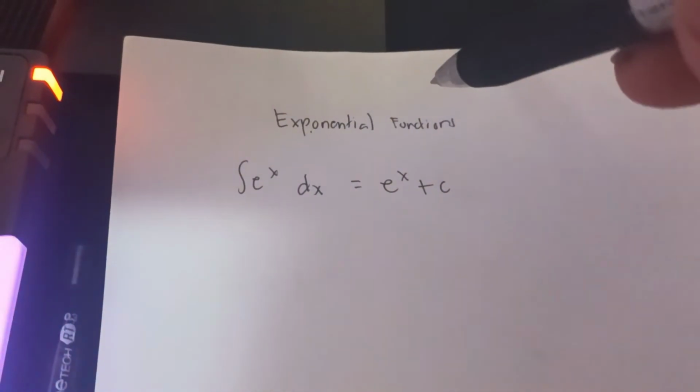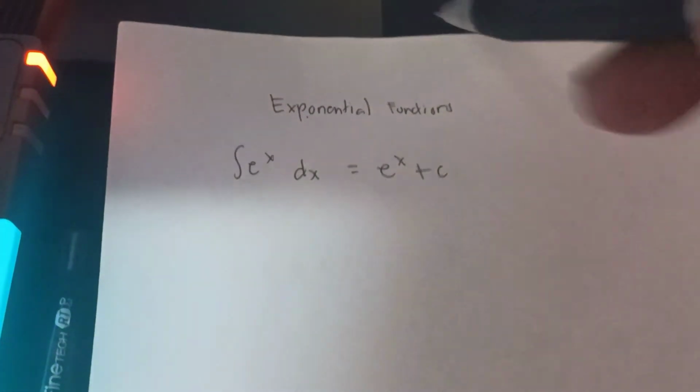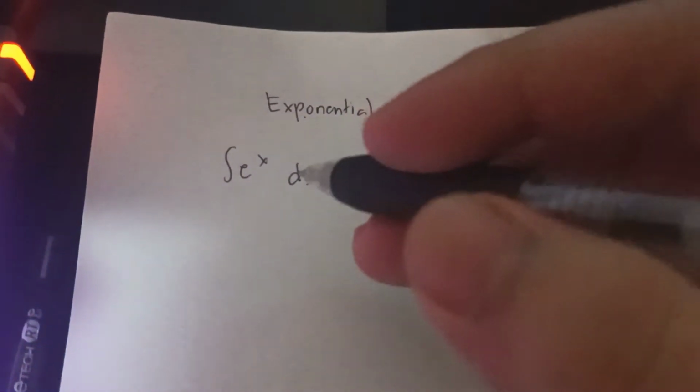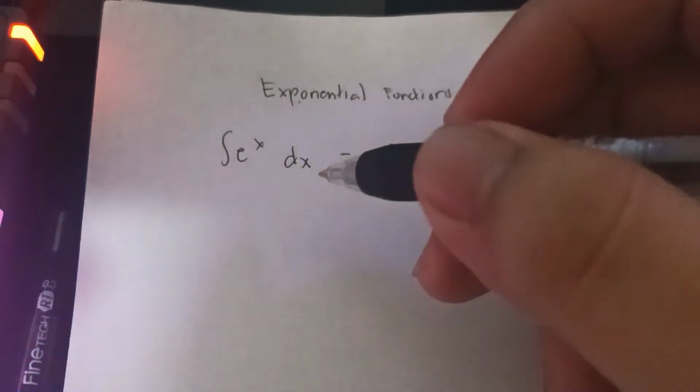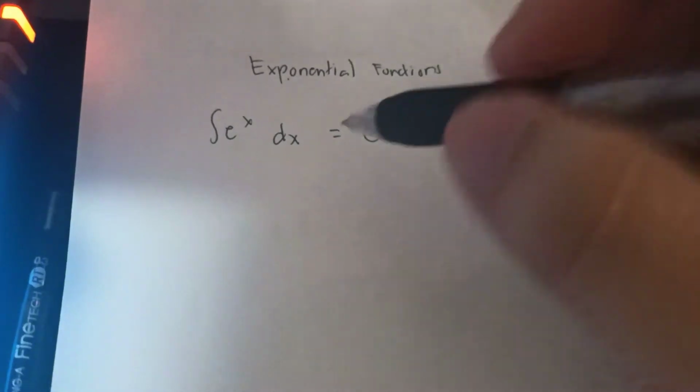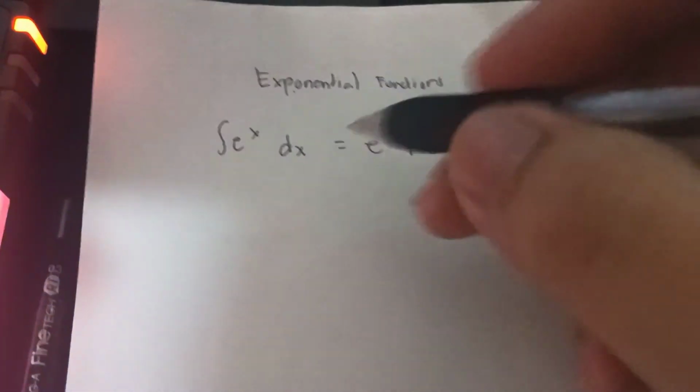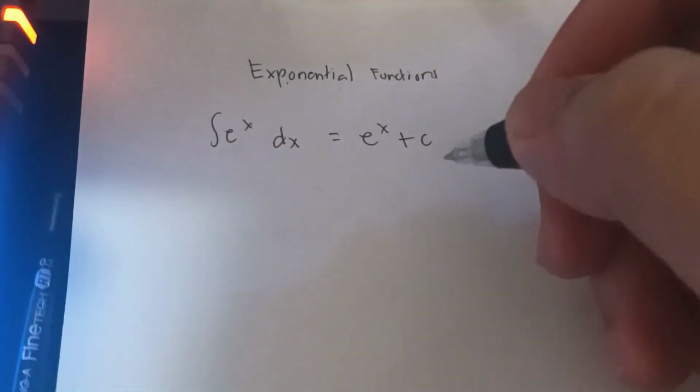Hello, so now we're going to be solving the integration of exponential functions. Here's a basic example: the integral of e to the x dx. What we did here is just copy e to the x plus c.